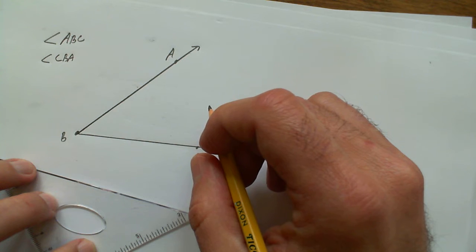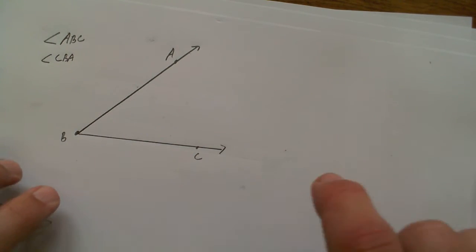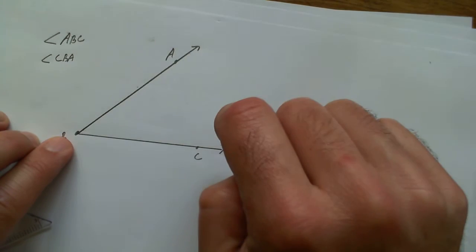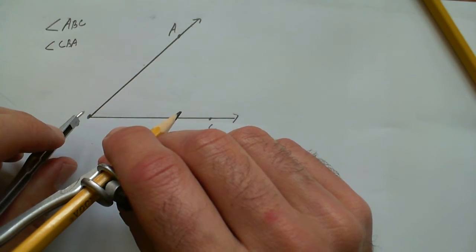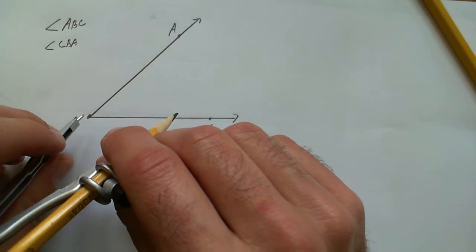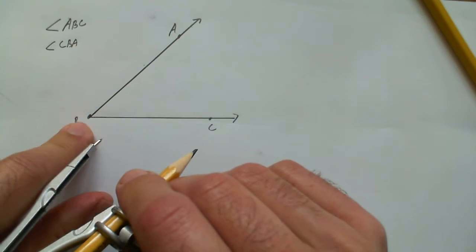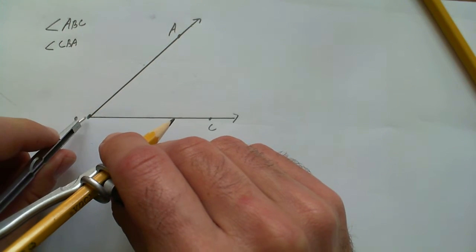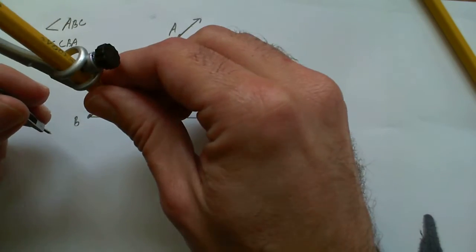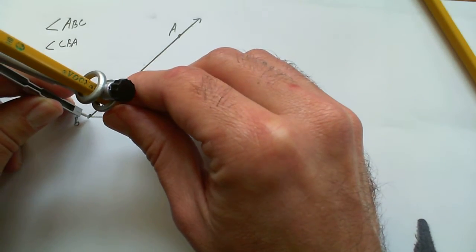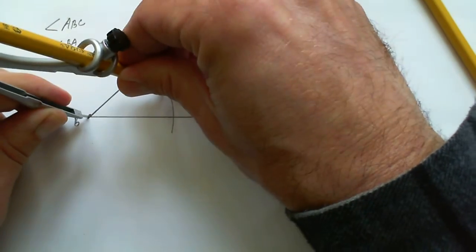So what we're going to do is bisect this angle, or draw a ray so it cuts it exactly in half. First, you're going to strike an arc from the vertex B. So you put the dangerous end, the sharp end, on B, and you strike an arc like that.